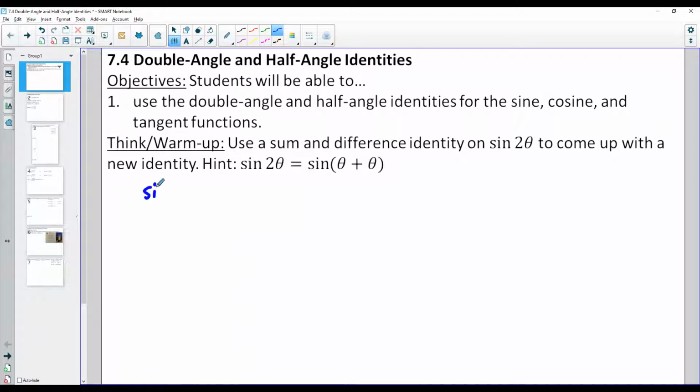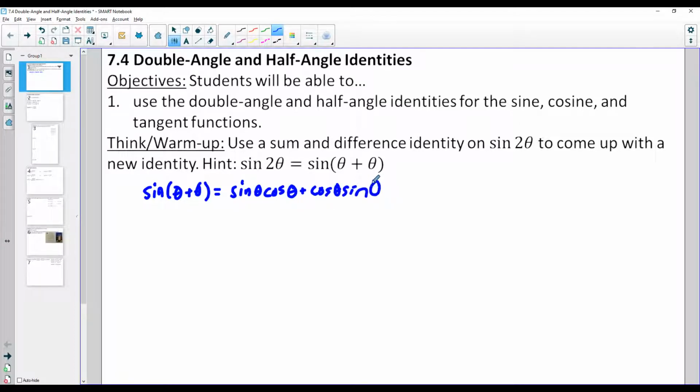And so if we use one of our old identities from 7.3, that's a sum identity, and we know that would change into sine of theta, cosine of theta, plus cosine of the first angle, sine of the second angle.